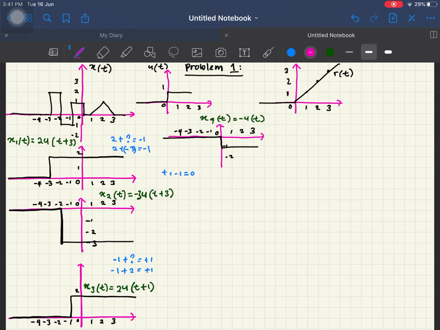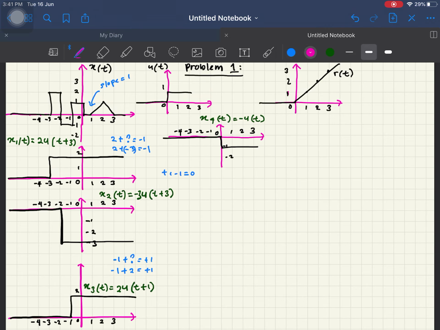So you will find that the slope here is +1, right? Which means at t equals 1, you have a ramp signal added to this x1, x2, x3, x4, in order to get this signal over here.